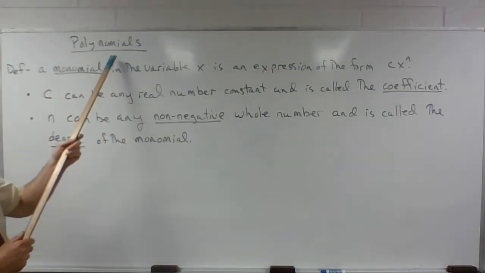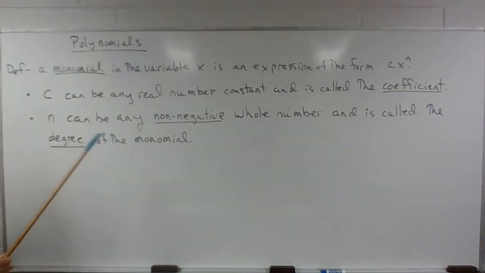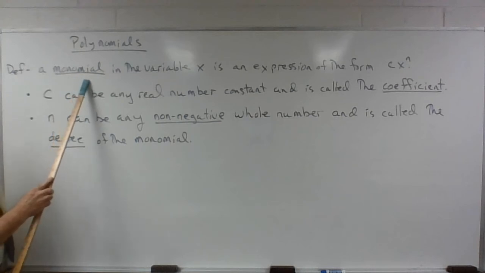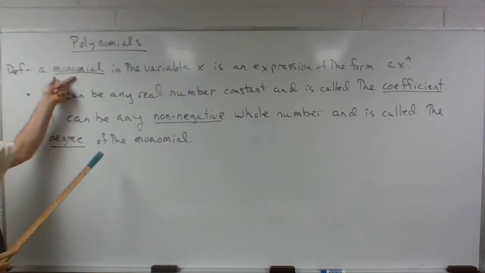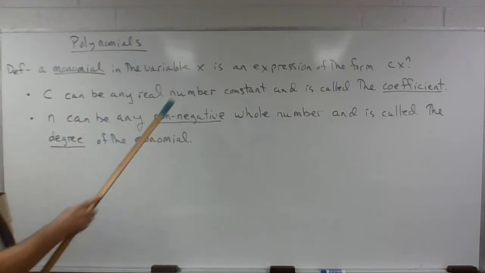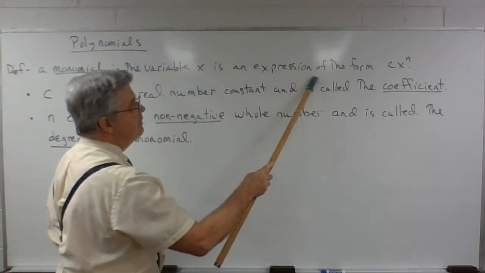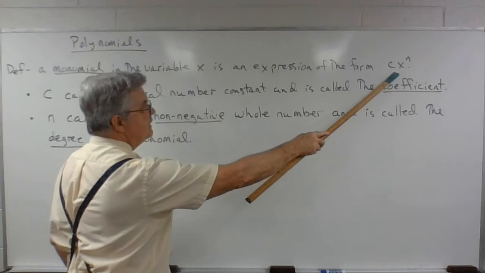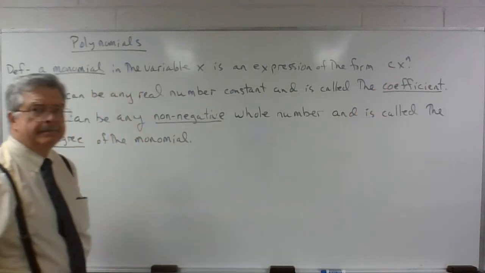But before we can talk about polynomials, we have to talk about monomials. Mono meaning one. A monomial in the variable x is an expression of the form c x to the n.